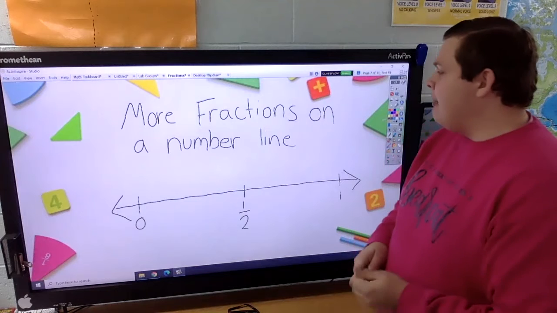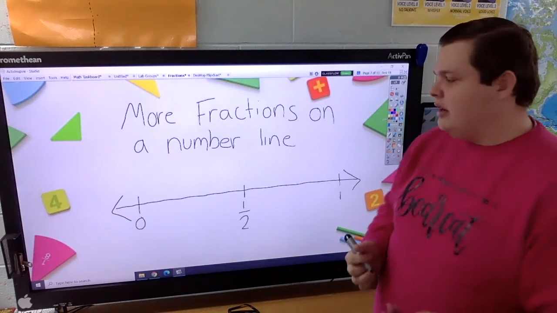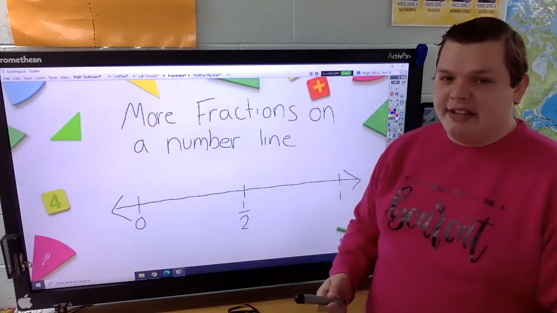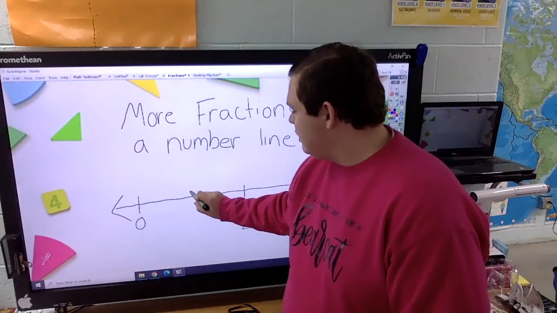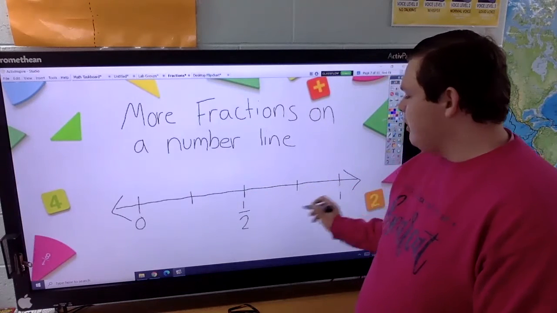Okay, fractions on a number line can also help with equivalent fractions. So for instance, 1/4, I need to split this into 4 pieces. 0 to 1 piece, to 2 pieces, to 3 pieces.